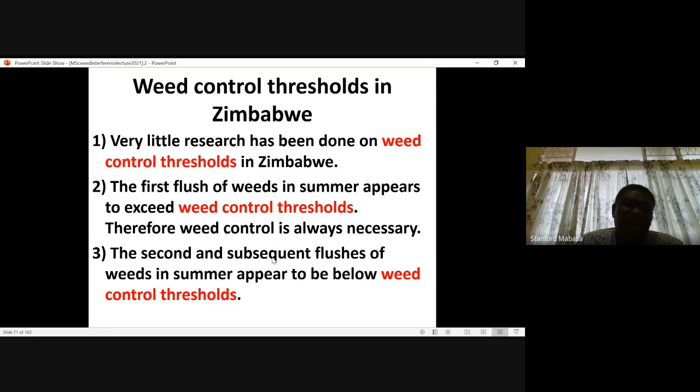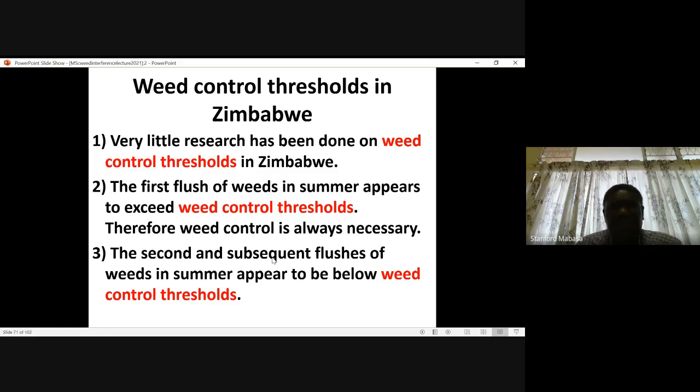You can have the first flush of weeds in summer. Let's say at the onset of rains, we seem to get a lot of weeds, which probably could exceed weed control thresholds. And therefore, weed control seems to be necessary every time at the onset of the rains.